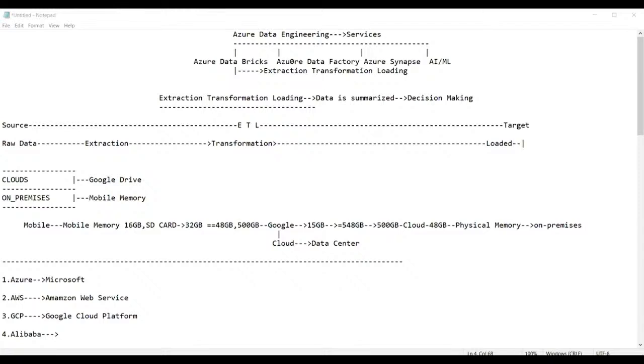Combinedly we will see a type of project anyway, a case study you can say, not exactly a project, a case study I can show you.